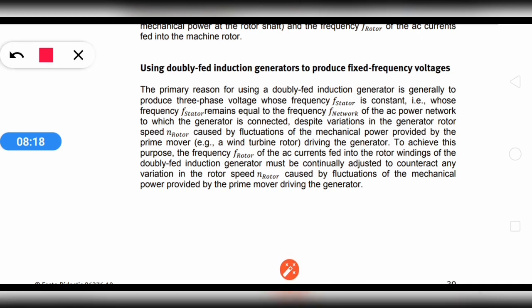To achieve a constant frequency, the frequency of the AC currents fed into the rotor winding is continuously adjusted to counteract any variation in the rotor speed. So by varying the frequency of the AC currents, we can counteract any change in the rotor speed. Therefore, the frequency of the output voltage remains constant.